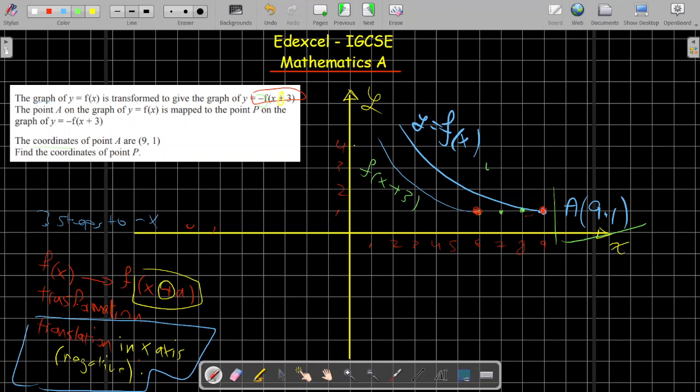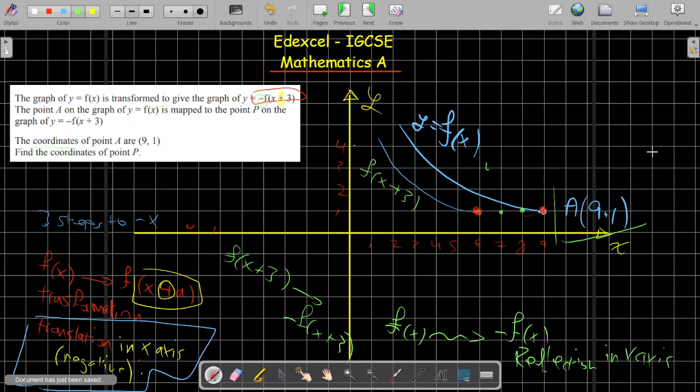We still need to explain the minus here. So when I say that f(x plus 3) is gonna become minus f(x plus 3), what is the meaning of that? We say that when we have this form, and I say a function of x is gonna become minus function of x, when I have the negative sign outside of the bracket of the variable and next to the f sign, it means that this is a reflection in the x-axis.